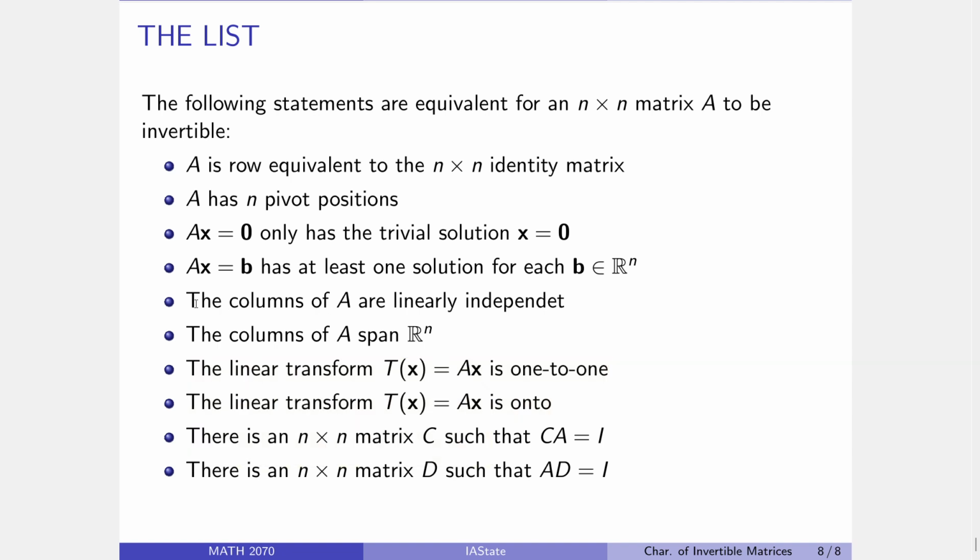Here we see the columns of our matrix, which is what matrix multiplication was built off of, behaving nicely. Here we see the connection between matrix multiplication and solving systems behaving nicely. And here we see the row operations, the row reduced echelon form, behaving nicely. So all of these different ways to view the exact same thing, and all of them coalescing and working together into this very beautiful list here.